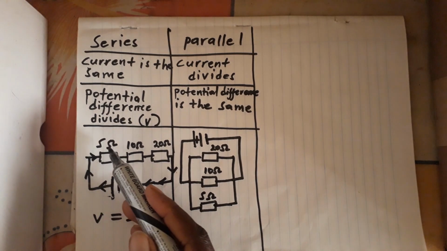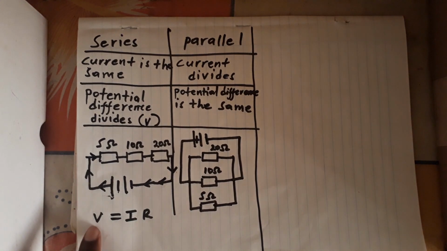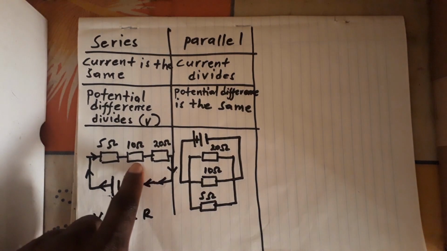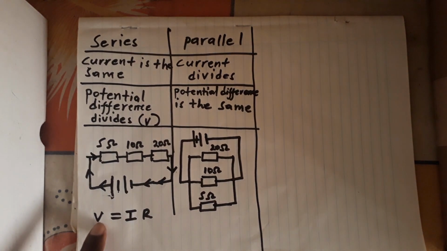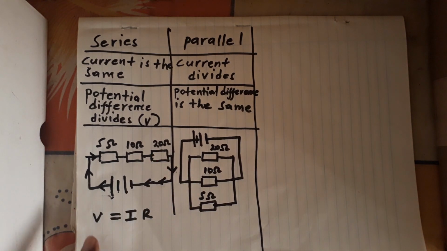If we take the current as 0.5 and use 5 here, we are going to get 2.5 as our voltage, and then if we use this, we're going to get a different value, and if we use 20, we're going to get a different value, meaning that the potential difference divides and is not the same.